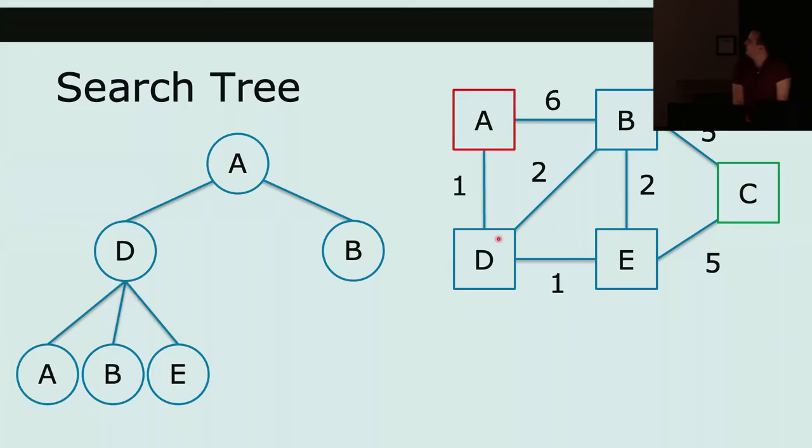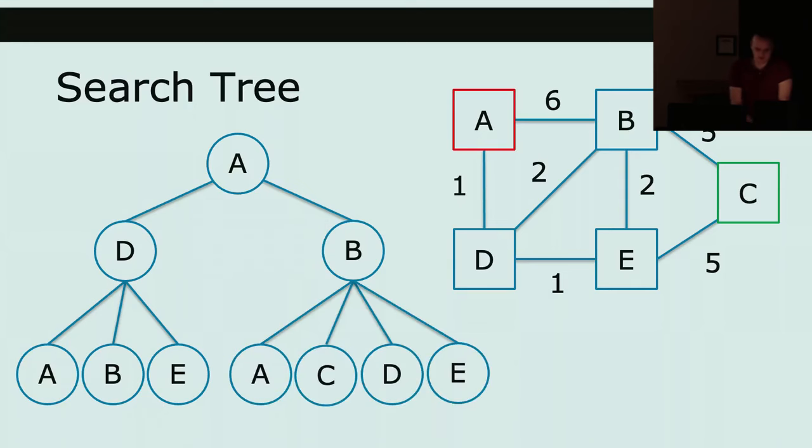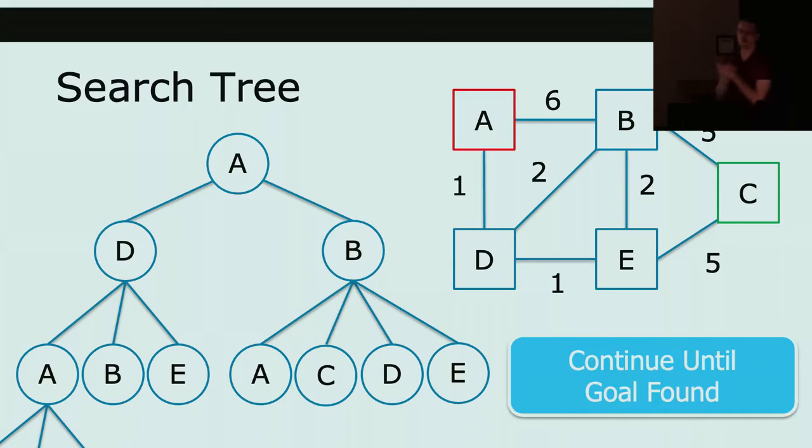And D can go to A, to B, or to E. So we create nodes representing those actions between those states, and we create new ones. Then we expand this one, we go to this one, etc., etc. So this is the process of searching. You are creating this ever-expanding search tree, which has nodes representing actions that you've taken through states of the environment. And then you continue until the goal is found.